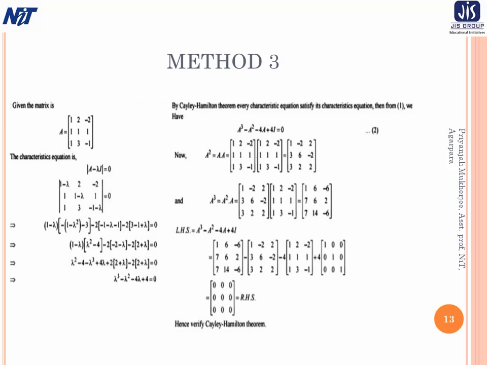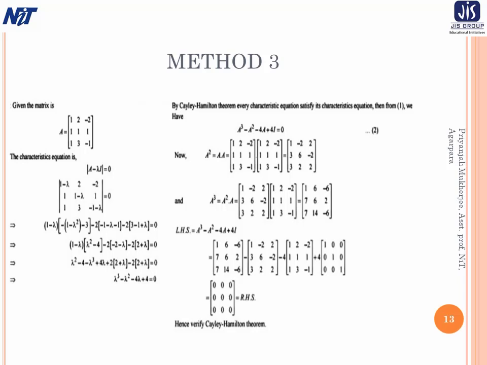So if we consider that matrix A is given as a 3 by 3 matrix, then as per the Cayley-Hamilton theorem, it will satisfy its own characteristic equation. That's why first we write the characteristic equation of the given matrix, and it has been calculated as lambda cube minus lambda square minus 4 lambda plus 4 is equal to 0. Now as per the Cayley-Hamilton theorem, we can put the system matrix A instead of lambda, and it will give us the same result.